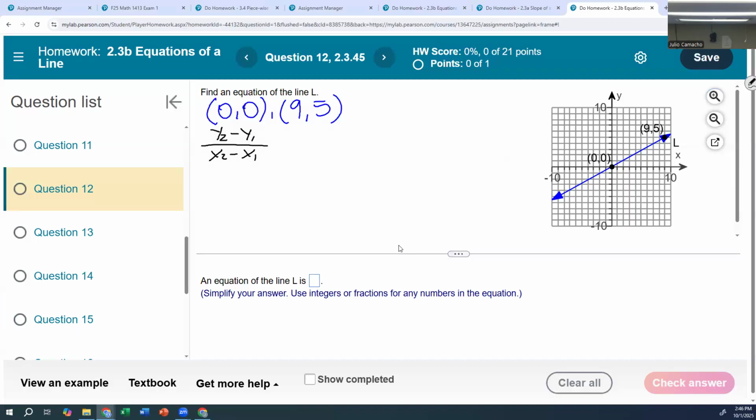And we can label our data. These are my x1 and my y1, and that is my x2 and my y2.